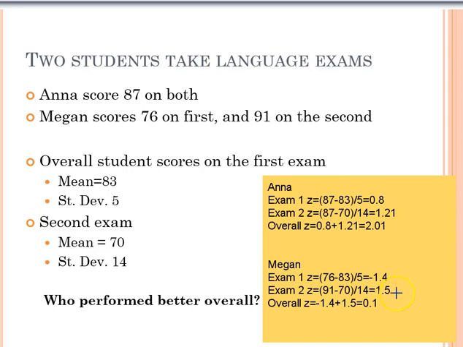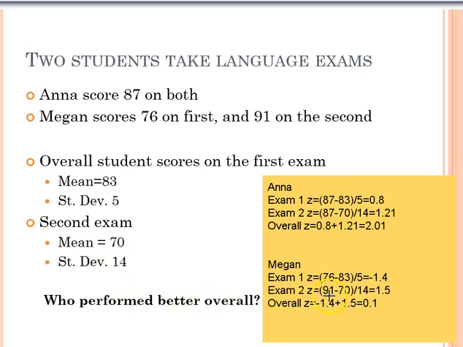But she was above average on the second exam. You can see she got an A on that second exam, even though the average for the second exam was a low C. Now we want to account for the fact that there's more spread in this second exam.